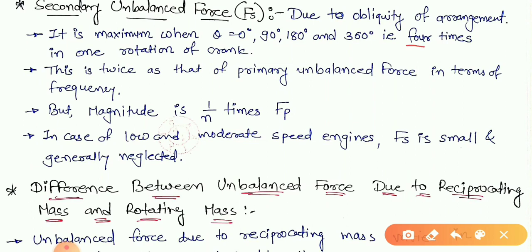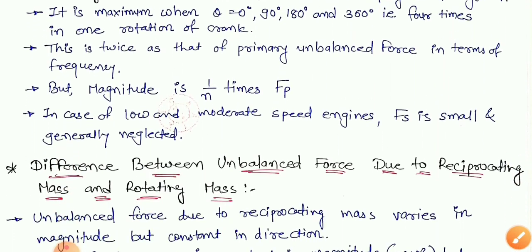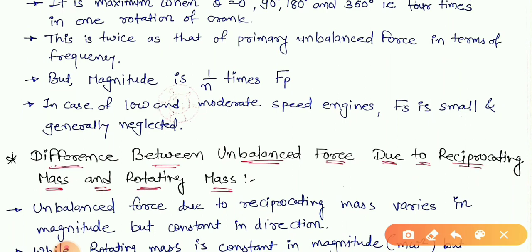That means 4 times in one rotation of the crank. So we can say that the frequency of the secondary unbalanced force is twice the frequency of the primary unbalanced force, but its magnitude is 1 by n times the primary unbalanced force.